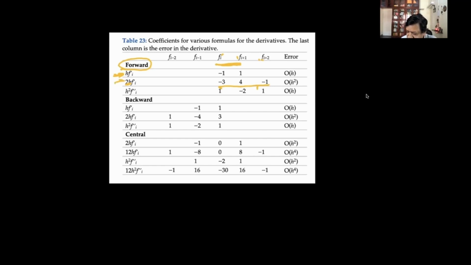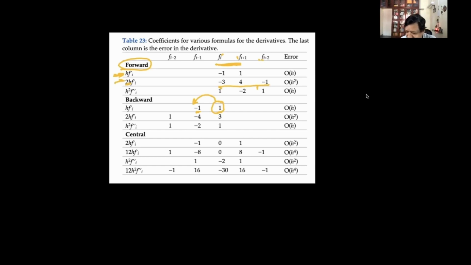Now backward difference is pretty similar. I have 2 points, f_i and f_{i-1}. So I look at the derivative at f_i here. I look at one point to the left of it, leftward like that, and -1 by h. Now this table is not exactly arranged like what I derived.